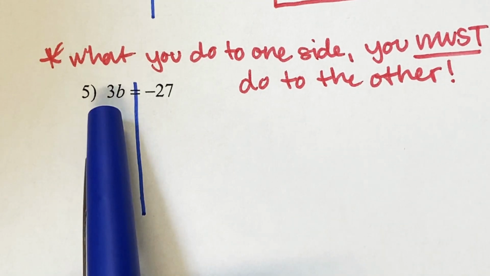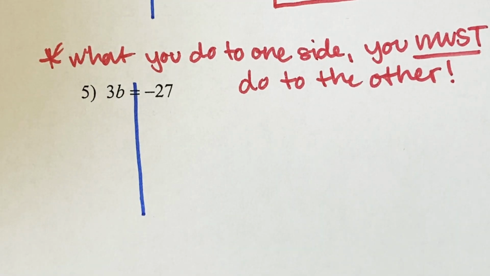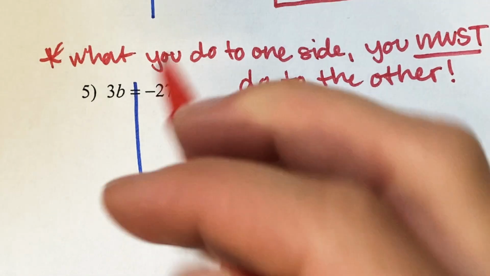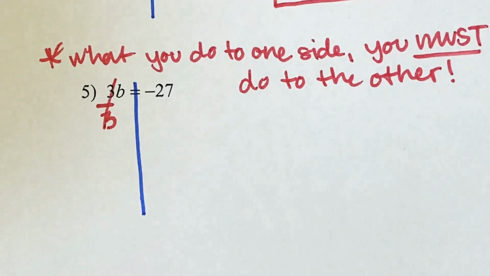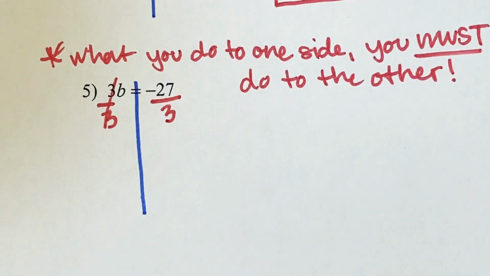So we need to untie the knot. We need to undo times by 3. What is the opposite of times by 3? It is divide by 3. We untied the knot, so it cancels, and we have to keep it balanced, so we do the same thing to both sides.